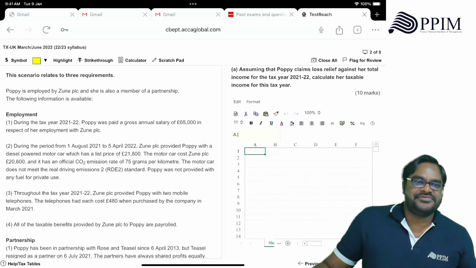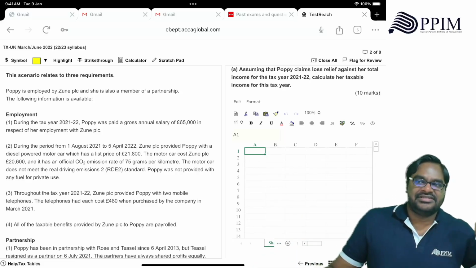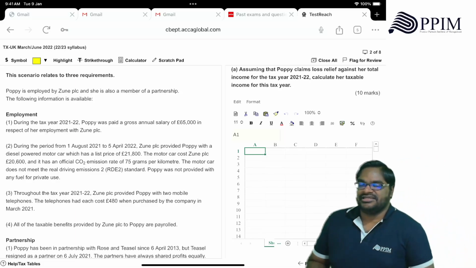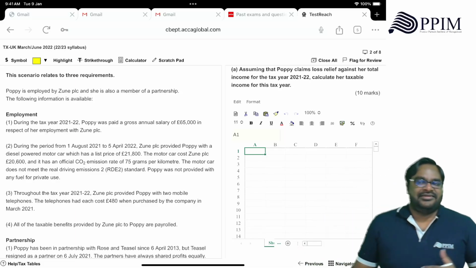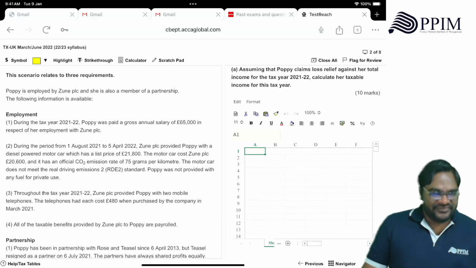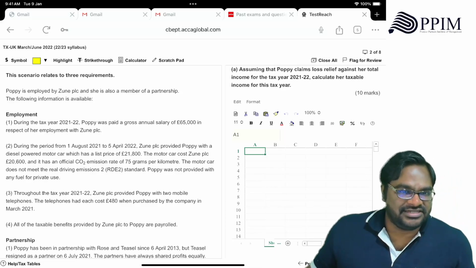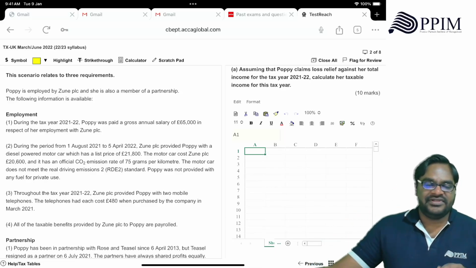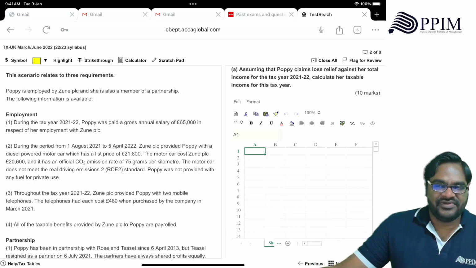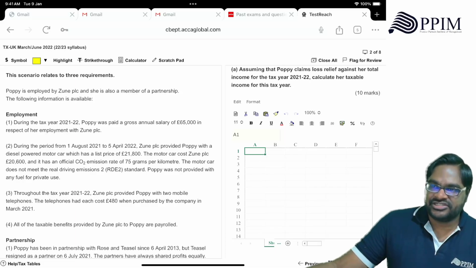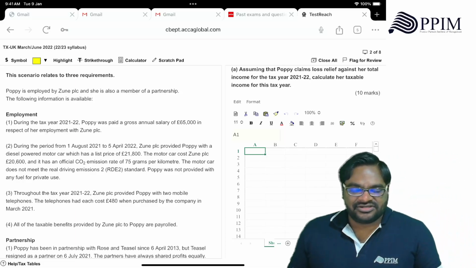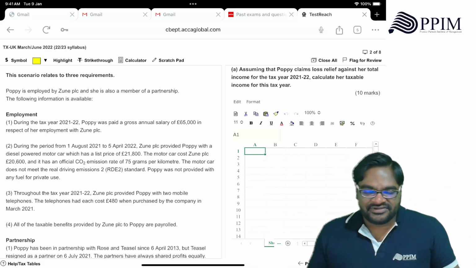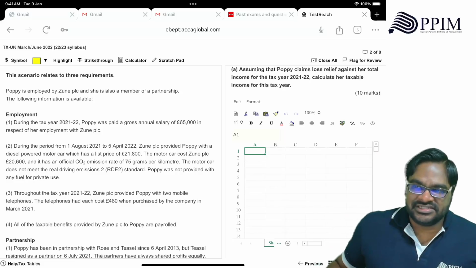This is an exception to the general rule. The general rule is, like Ishak said, if you have paid, what is the actual cost for the employer, we generally consider that. But car benefit has an exception to the general rule, where we consider the actual list price or the original price given by the manufacturer himself.